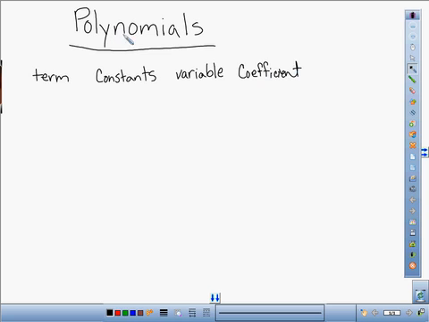Specifically with polynomials today, though, we want to have a couple of vocabulary words that we discuss, and the ones we really are going to concentrate on: a monomial, a binomial, and a trinomial.